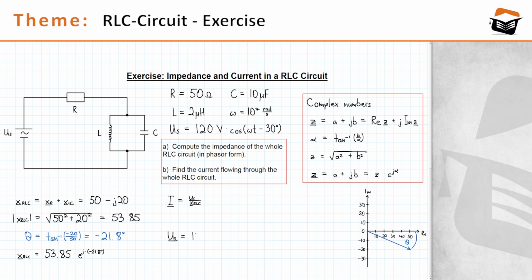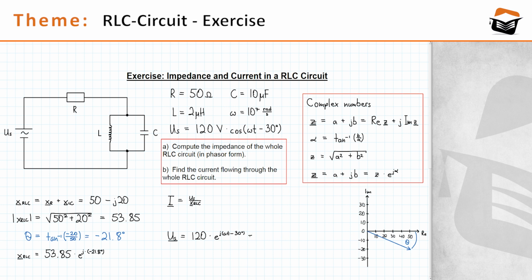So 120 times e, and the angle is omega times t minus 30 degrees. So we're gonna put that into the power j times omega t minus 30 degrees.